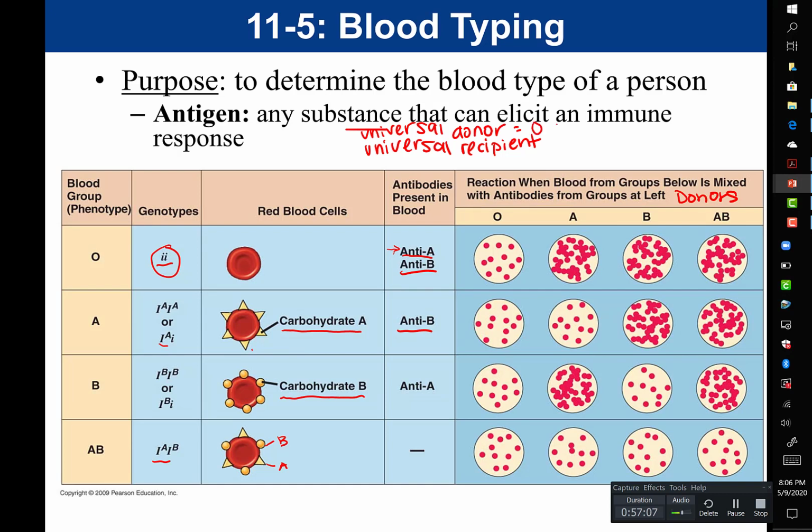And the answer is O. Of these four blood types, which one can receive any blood type? Answer is AB. Now I'll come back to the Rh factor in a minute. We'll talk about positive and negative in just a minute. But O can donate to anybody. AB can receive blood from anybody.